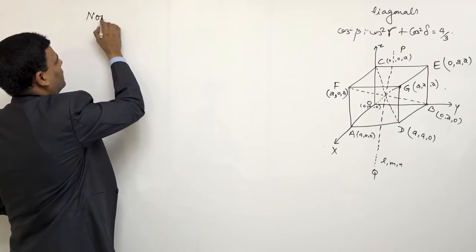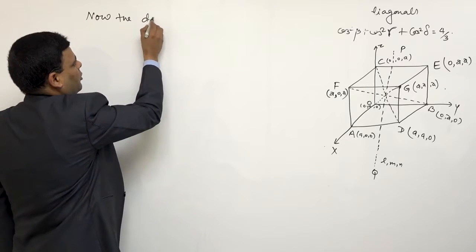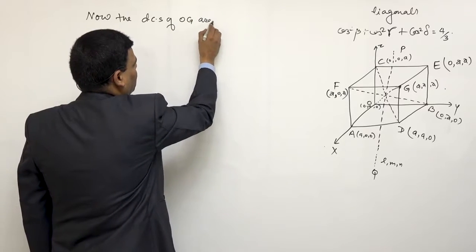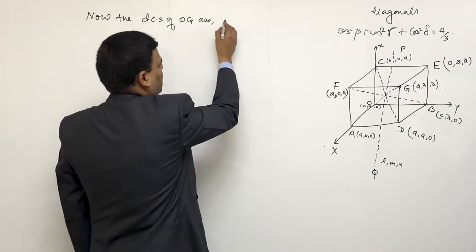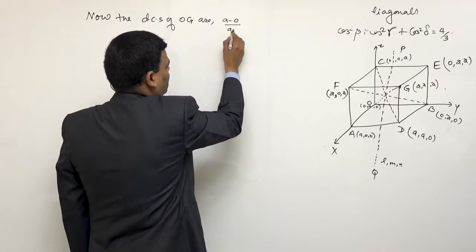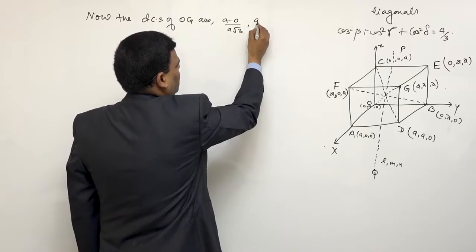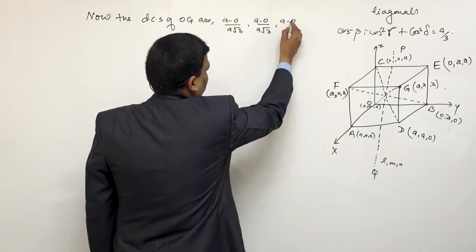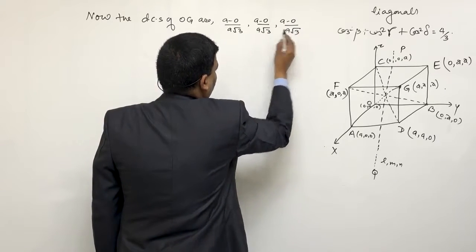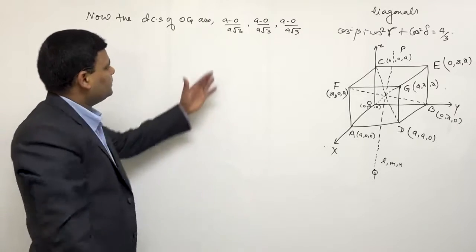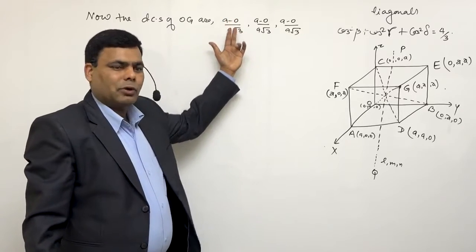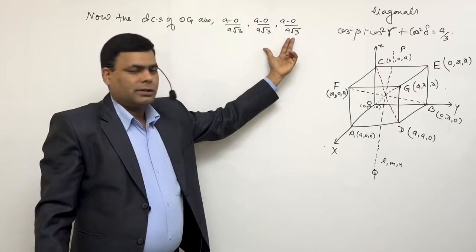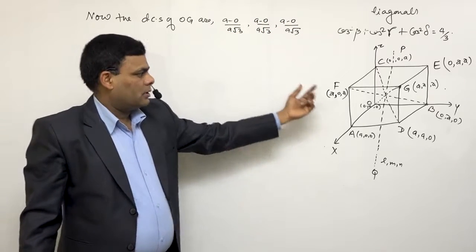The direction cosines of OG are (a minus 0) by a root 3, (a minus 0) by a root 3, (a minus 0) by a root 3, that is, x2 minus x1 by OG, y2 minus y1 by OG and z2 minus z1 by OG.